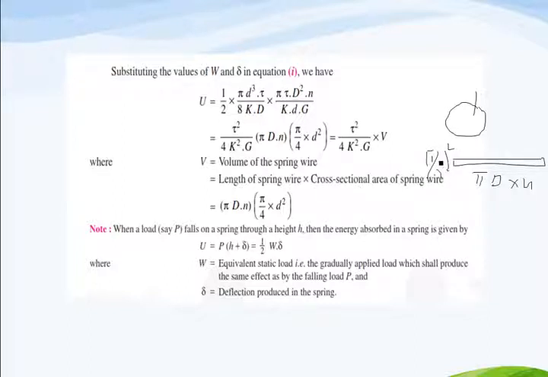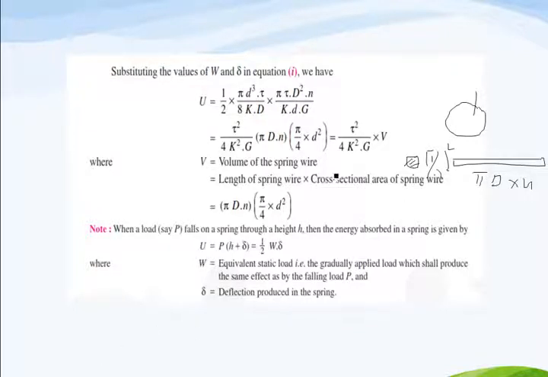If you take pi by 4 d square into pi D into n, the pi by 4 d square is the cross section of the coil, or spring wire. This is the cross section of the spring wire.